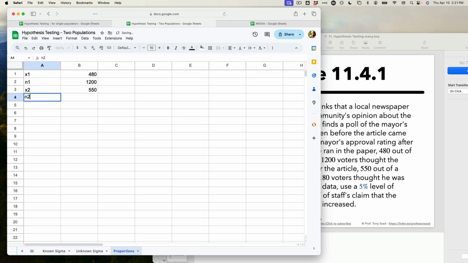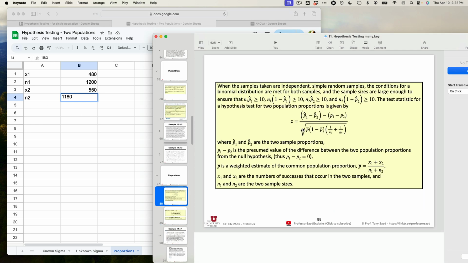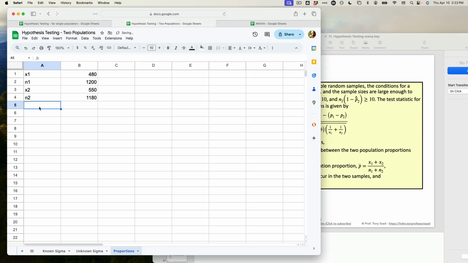And N2, what was it, 1180. Okay, perfect. This is the formula that we're going to be working with. Now let's define our null hypothesis, H0, which is P1 minus P2. In this case, it's 0. And our alpha significance level is 5%, so 0.05.